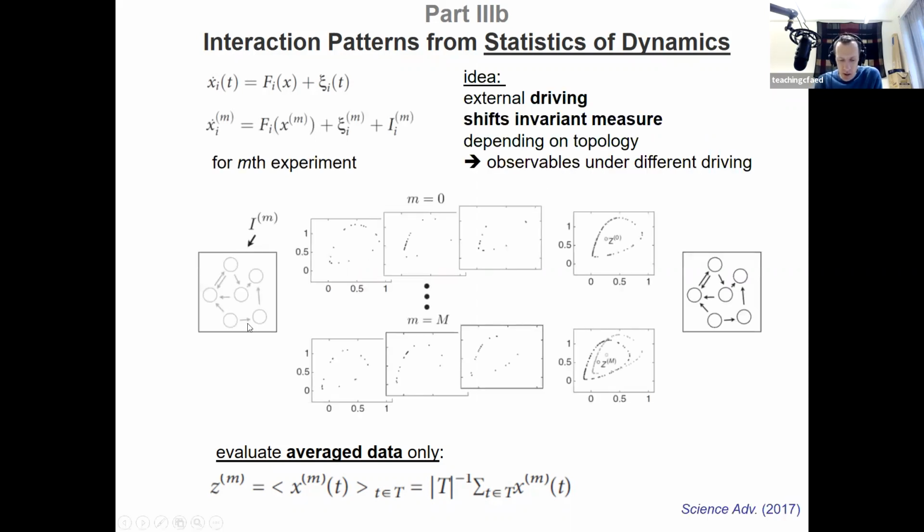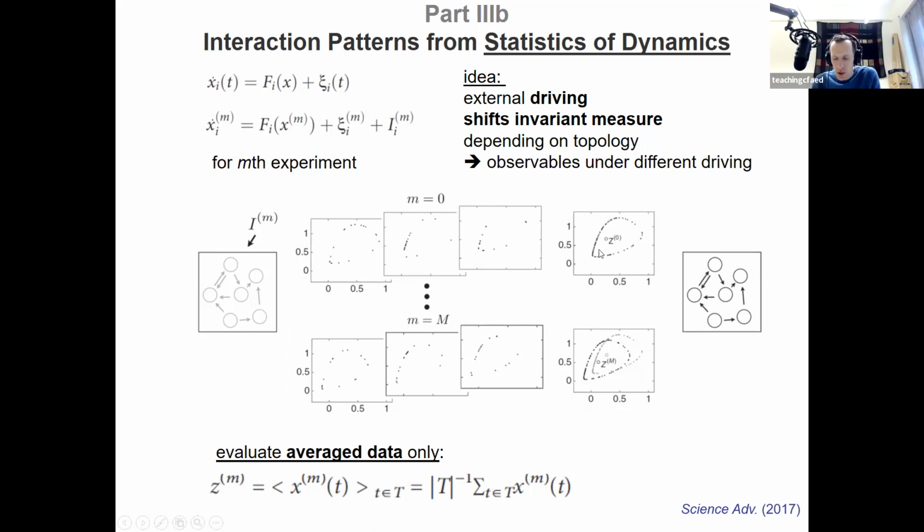I won't tell you any of the formulas now, but assume that instead of time series, you only have the structure in state space where things have gone. You see where the system has been, but you don't know when it has been where. And you do that under different circumstances and different driving signals.